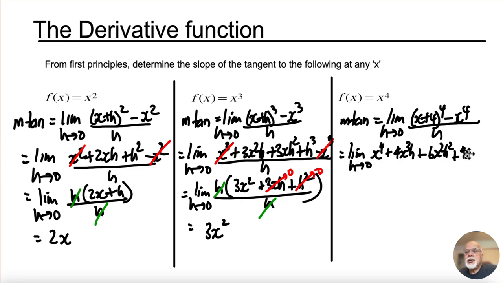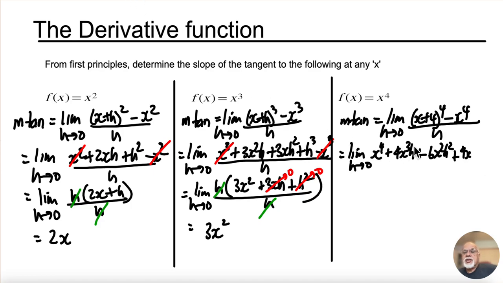x h cubed plus, let's see what else, oops, sorry, that should be an x cubed, not x squared. Let's fix this one.